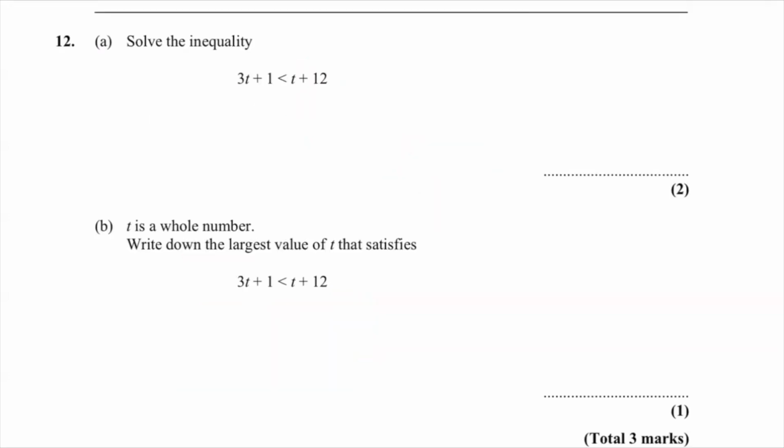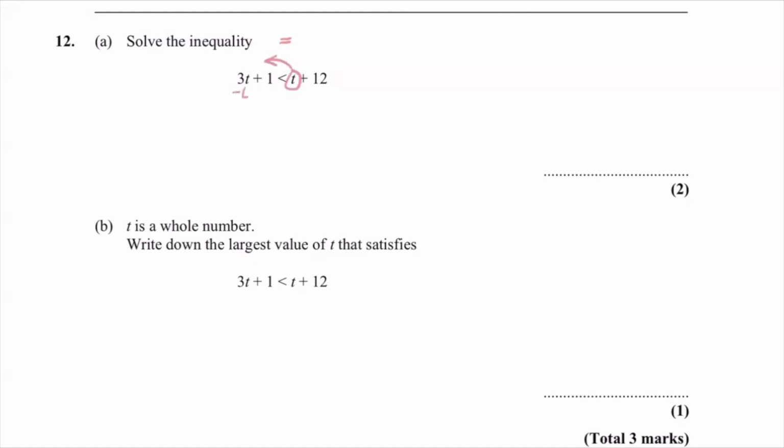Okay. We need to solve the inequality. Don't do anything that you wouldn't do with an equal sign. So your method for solving equations can be used for solving inequalities. First thing I need to do is to get the t's on the same side. So I'm moving the smaller set.